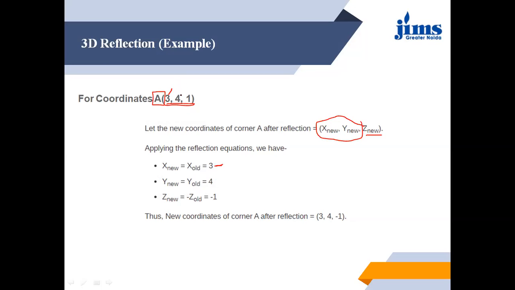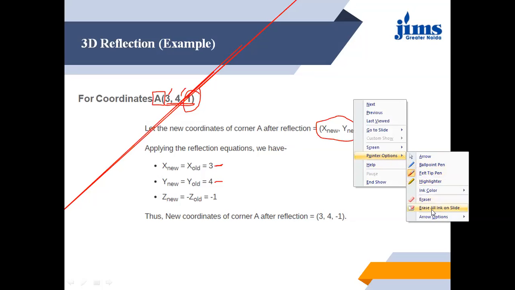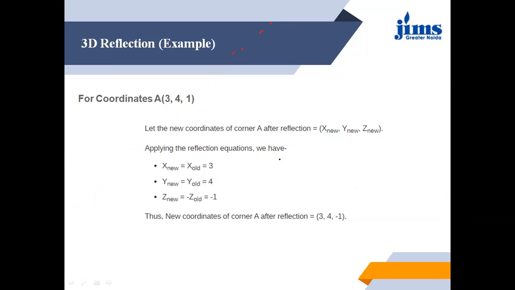Earlier y was 4, so it will be 4. Only the value of z is going to be changed from 1 to minus 1. So by doing this, we can find the values of reflected point A dash, and that is 3, 4, minus 1.